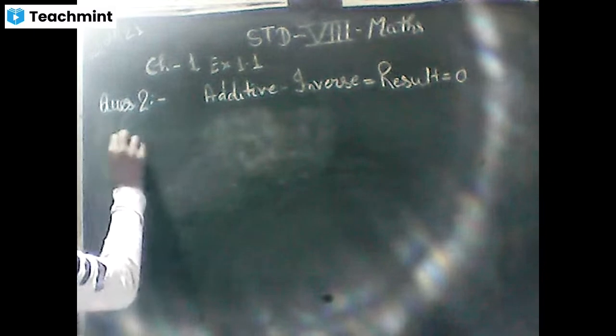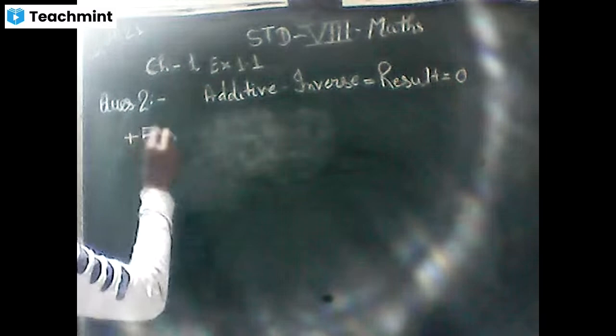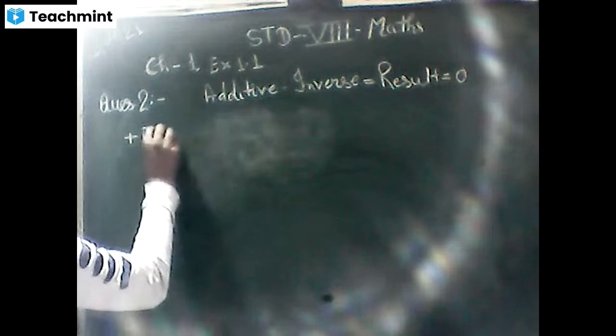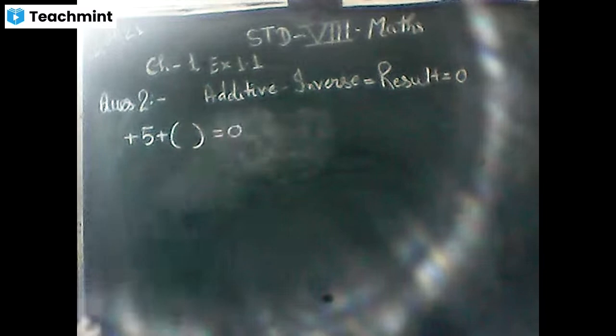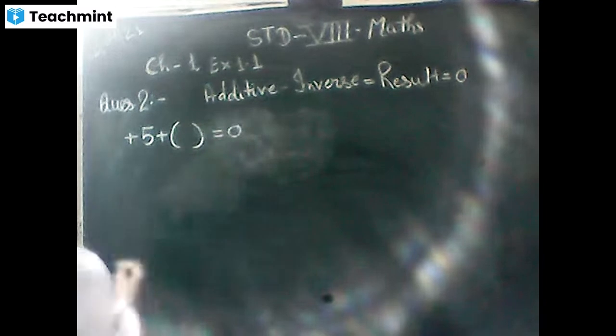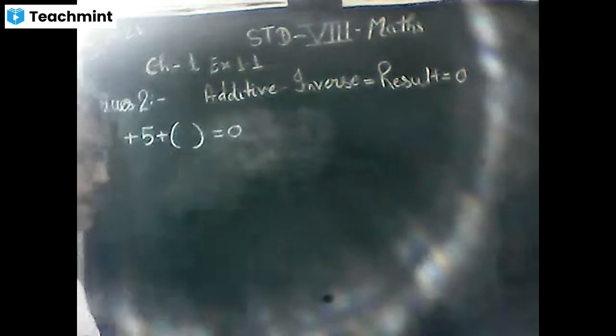If we take the number plus 5, what do we have to add to it so that the result is 0?